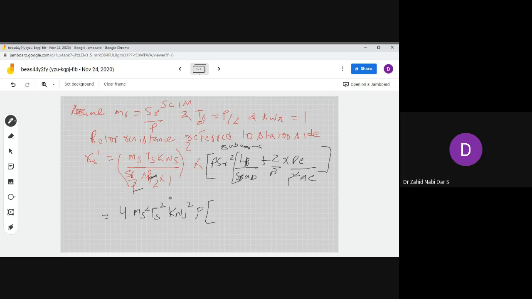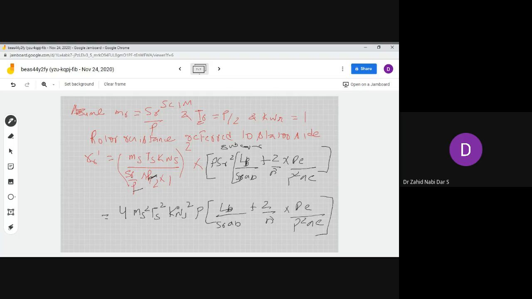So that sr square you can take out, rho lb sr ab, plus 2 pi into d p square into ae.